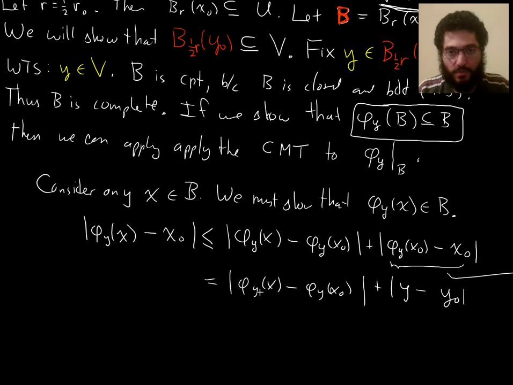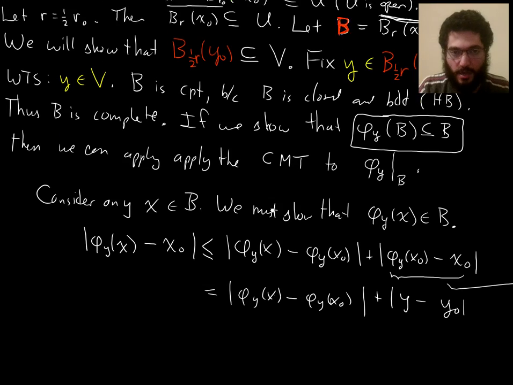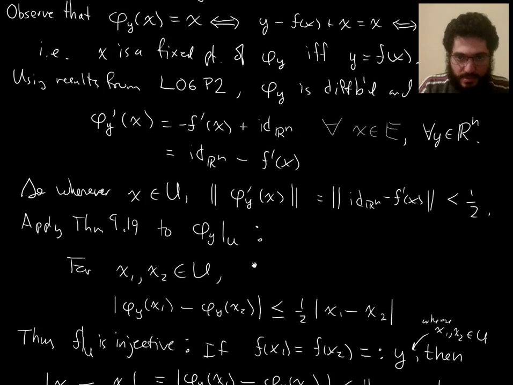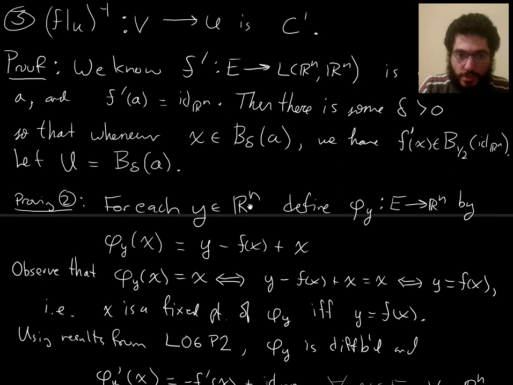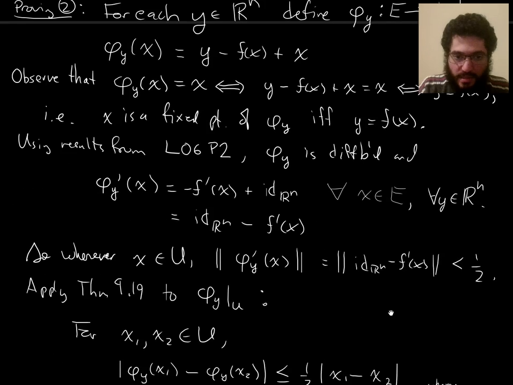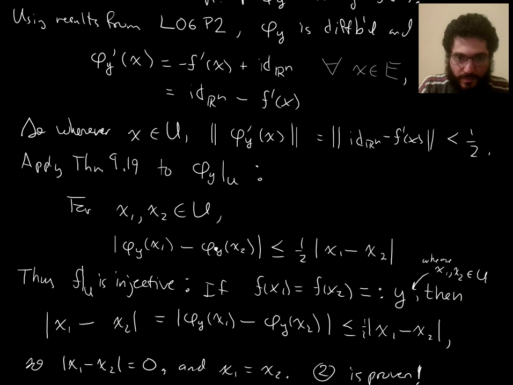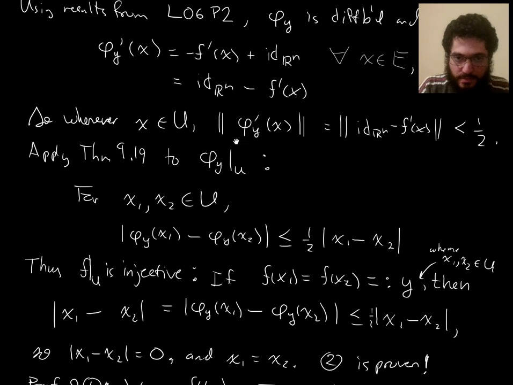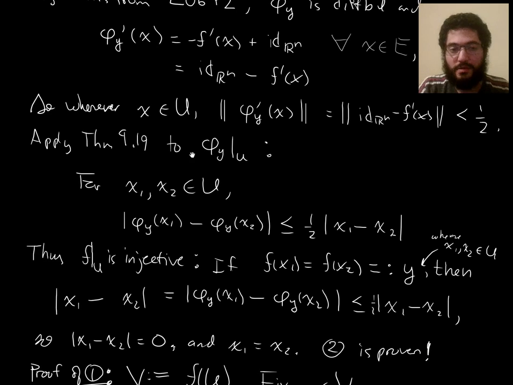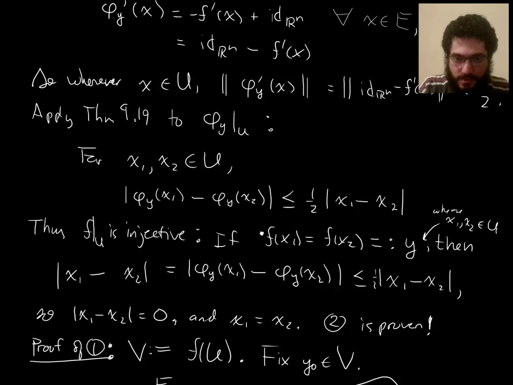Now, remember this property that phi sub y has. Thanks to the way that U is chosen, remember at the very beginning we chose U so that the derivative of f never strays too far away from the identity, we got a nice bound on the derivative of these phi's, and thanks to that we were able to apply theorem 9.19 and get this inequality here, this contraction kind of property. Anytime x1 and x2 are in U, we get this inequality.